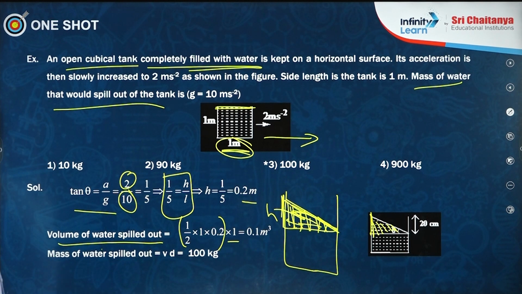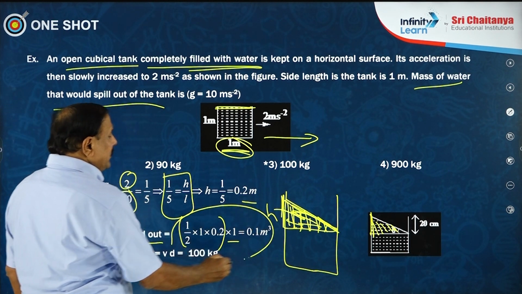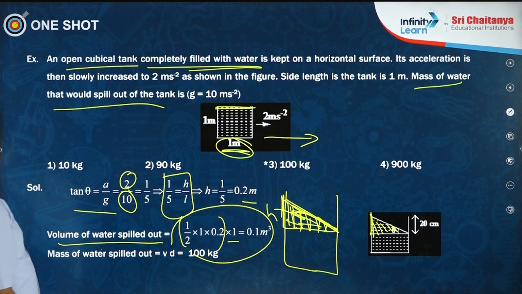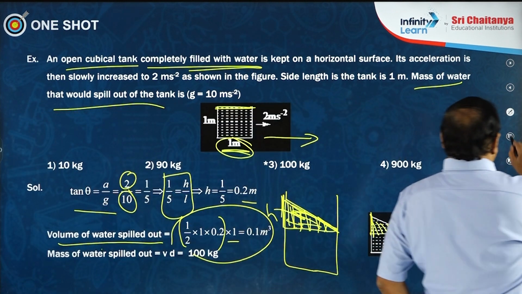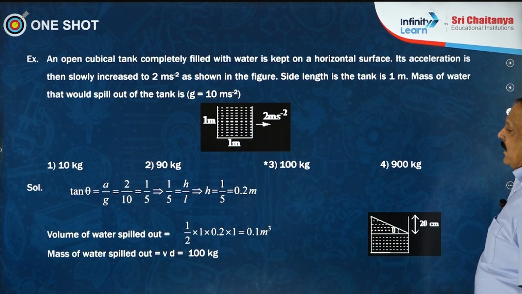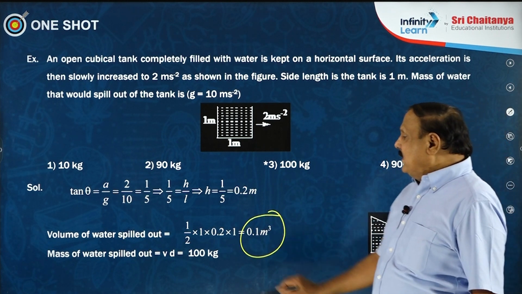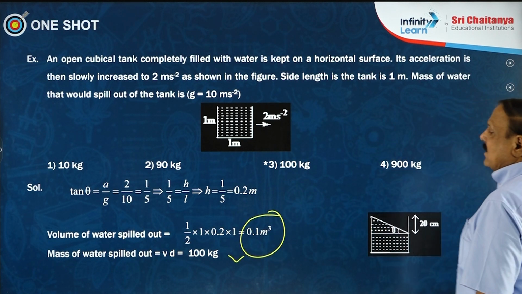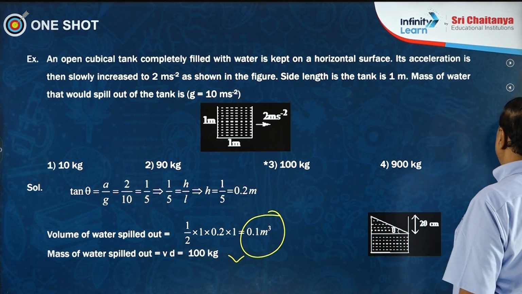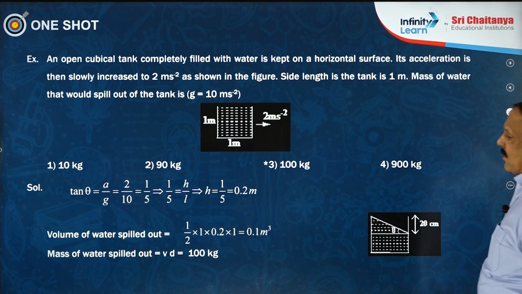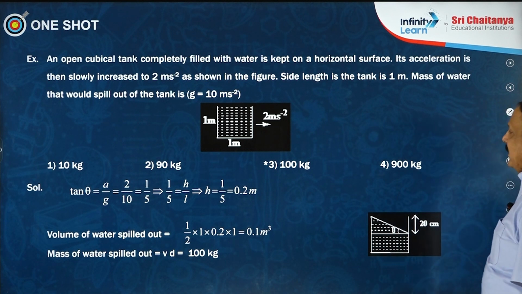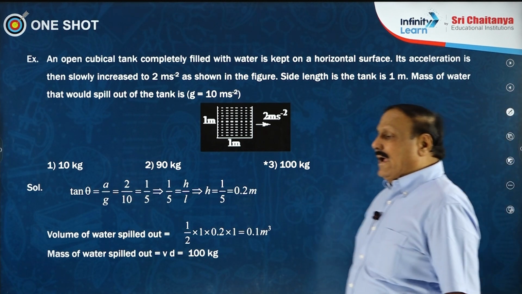From this we get the total volume of the liquid that flows out of the vessel, and from that the mass can be calculated. Mass is equal to volume into density. From that we can calculate the mass of water spilling out of the beaker because of its acceleration in the horizontal direction.